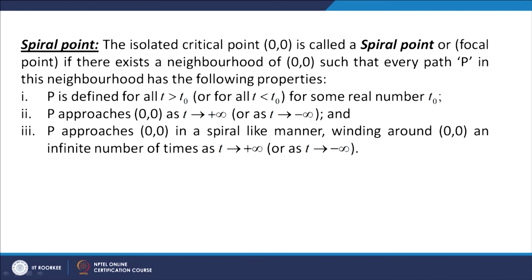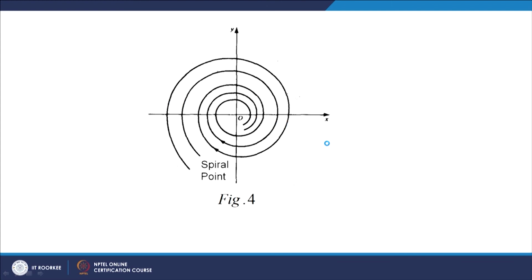P approaches 0 0 in a spiral like manner, winding around 0 0 an infinite number of times as t goes to plus infinity or as t goes to minus infinity. So you can see here, this is the spiral, this 0 0 is a spiral point because the paths are winding around the point 0 0.